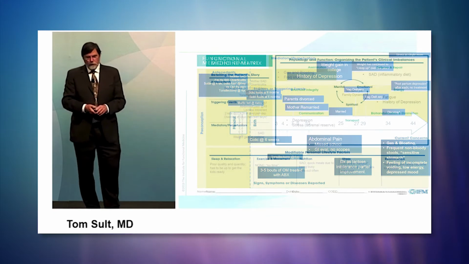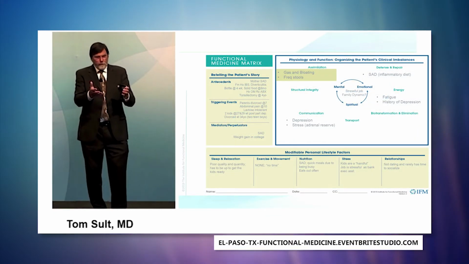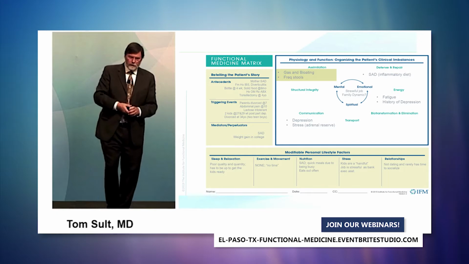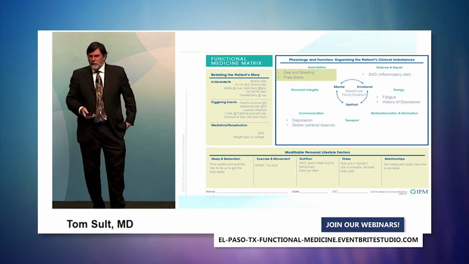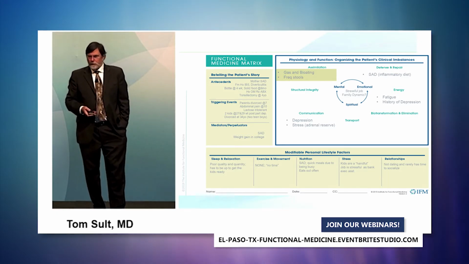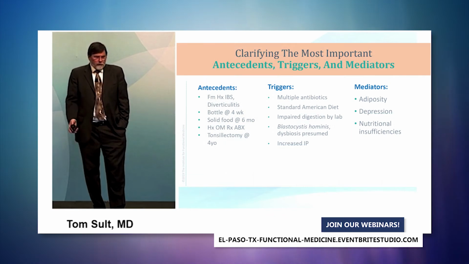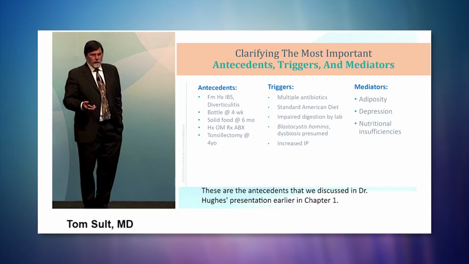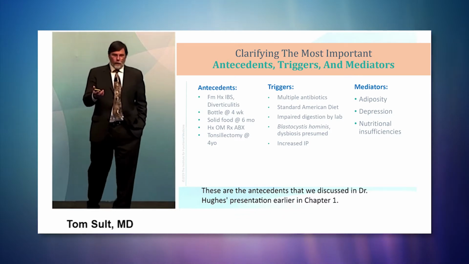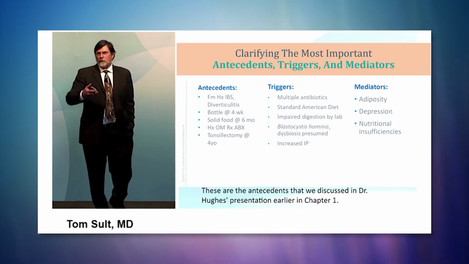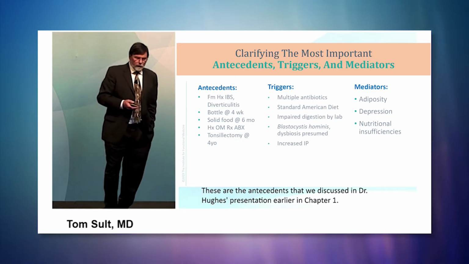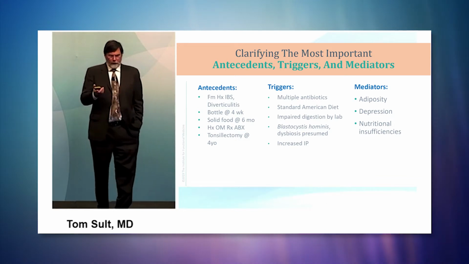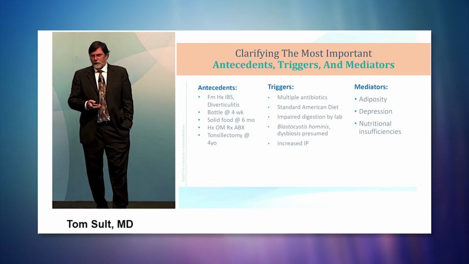And then we're going to look at the matrix, and then we're going to pull out those antecedents. So the antecedents are the family history of IBS and diverticulitis, bottle fed starting at age 4 weeks, and that's certainly not doing her colic any good, history of multiple antibiotics, history of tonsillectomy.